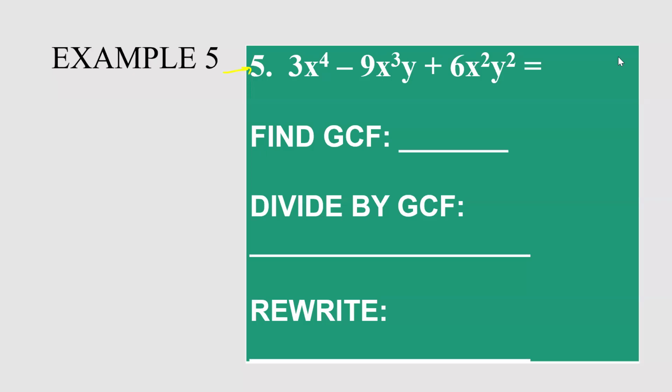All right. So what's my GCF? 3x squared. Good job. Why not the y? In the first one? It's not in the first one. You're so smart, guys. All right. What's my quotient?